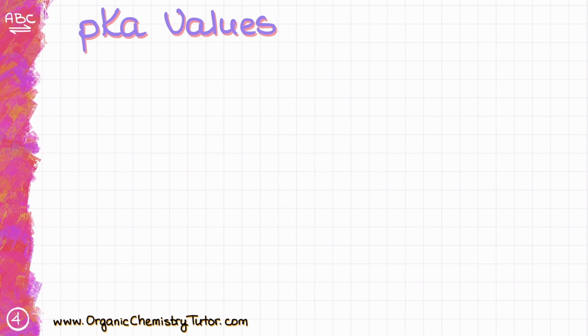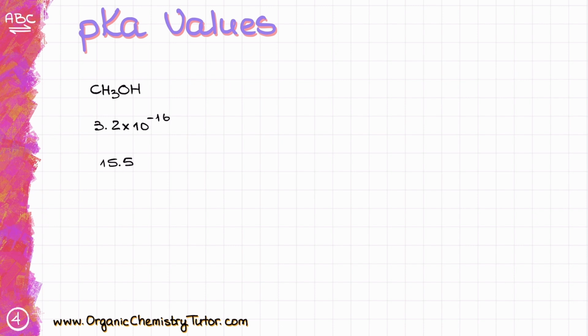So let's say we have a set of molecules. I have CH3OH, methanol. The Ka of that is going to be 3.2 times 10 to the -16th, which translates to a pKa of about 15.5.